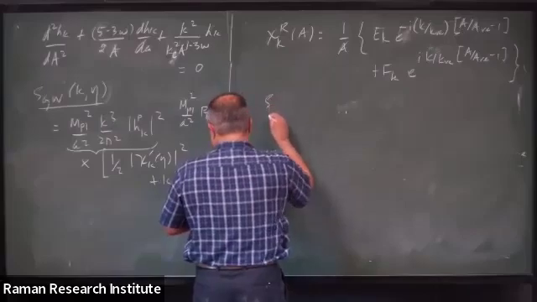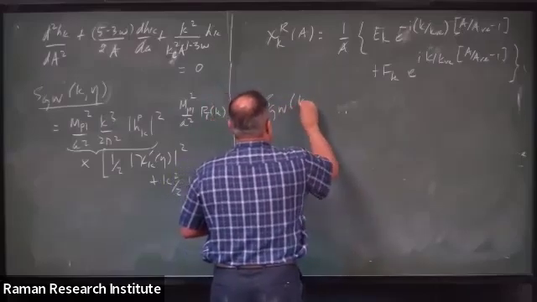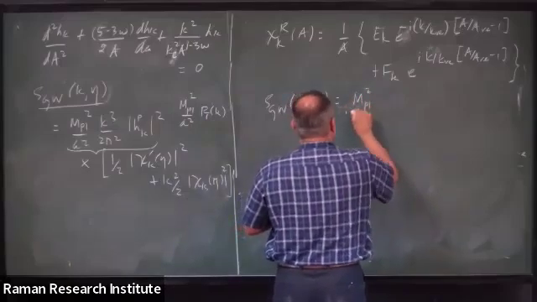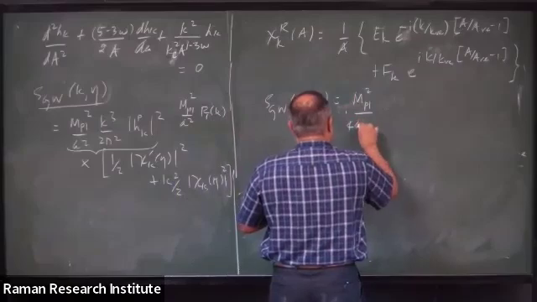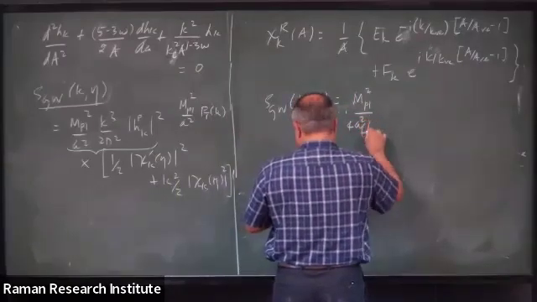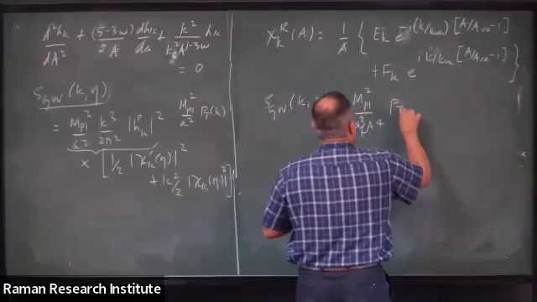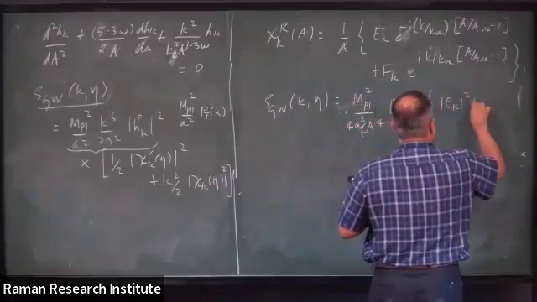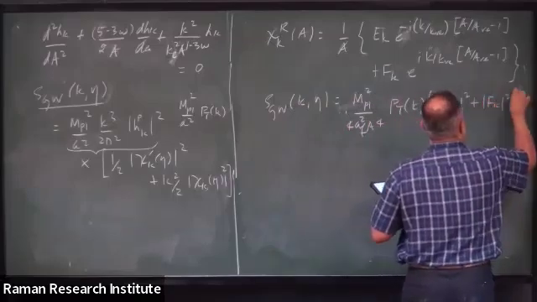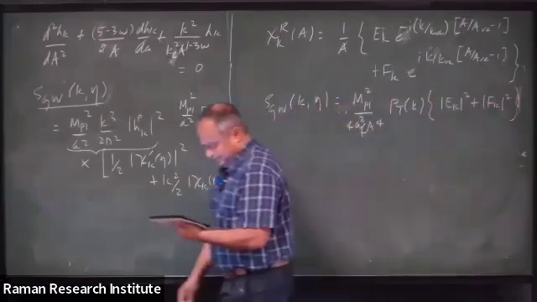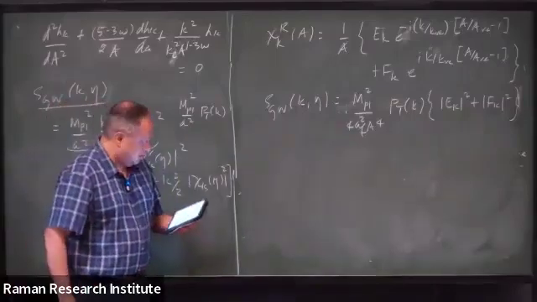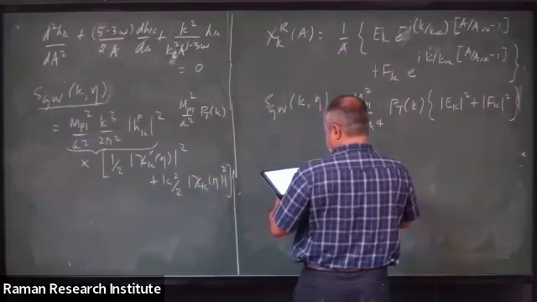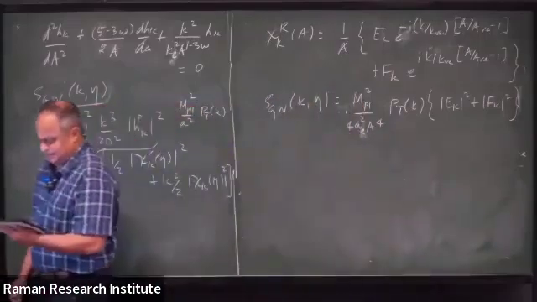And what you find is that you can obtain rho_GW in this limit, k, eta, to be M_PL squared by 4 a_E squared, A to the power 4, P_T of k, into mod E_k squared plus mod F_k squared. That's what it is. This is what you obtain.